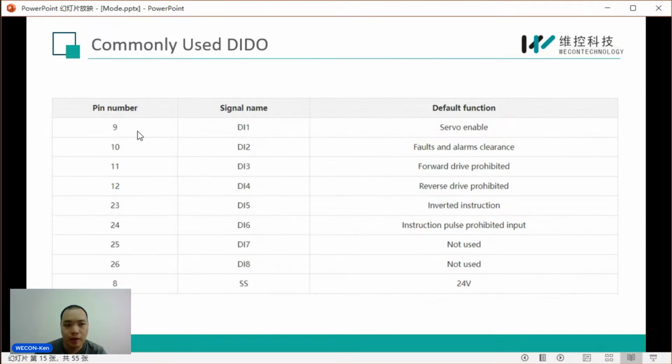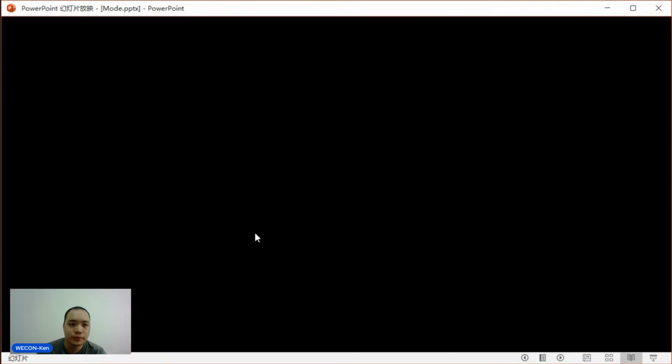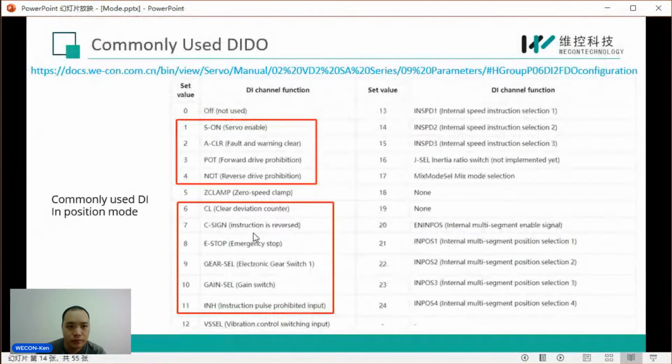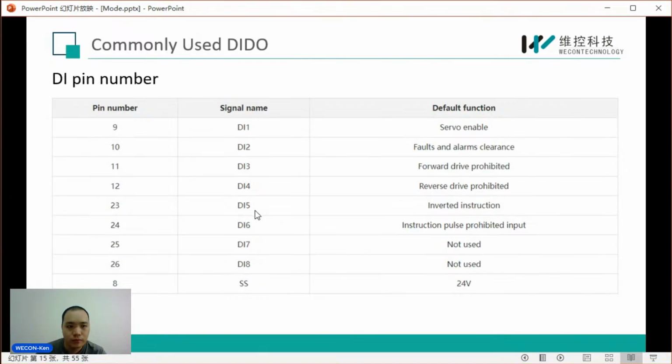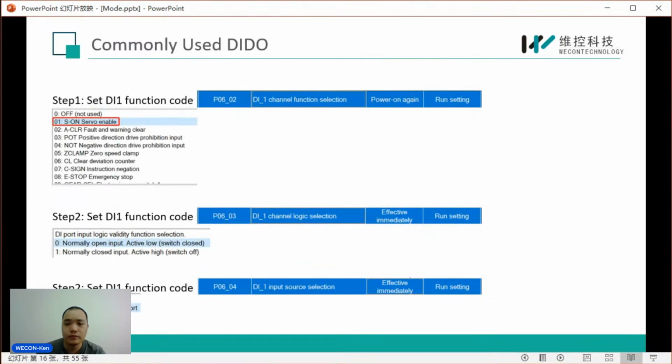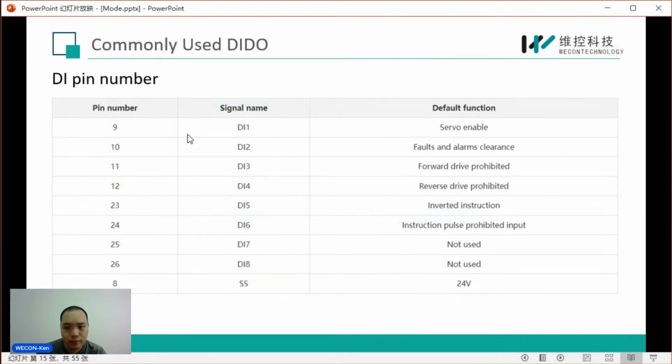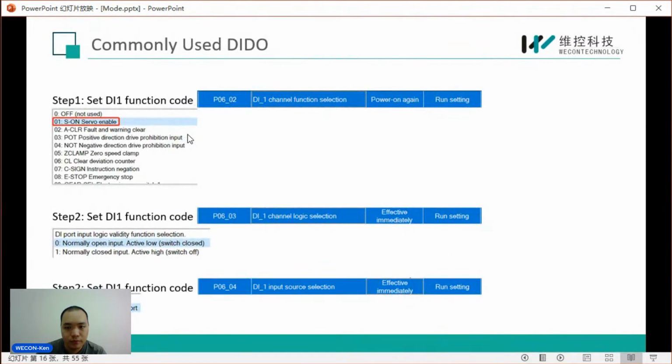Pin 9 corresponds to DI1 and so on. And this is the DI setting. It's easy to understand.